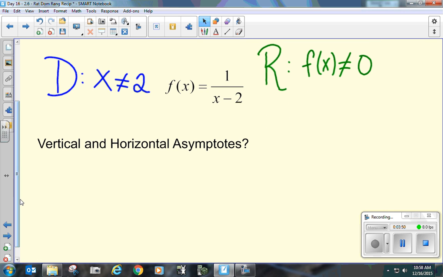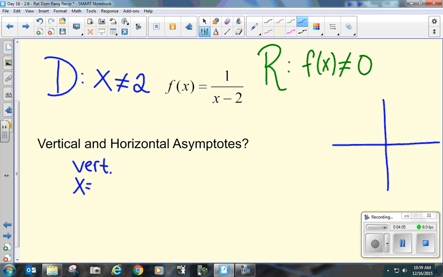Now, vertical asymptotes are the easier ones. Because vertical ones, they're x equals. That means if I have an axis right here, and I have an asymptote at, let's say, -6 on the x-axis, that's the vertical line that touches -6 on the x-axis, okay?